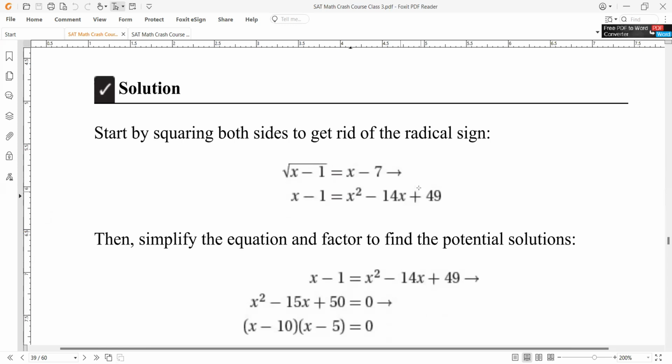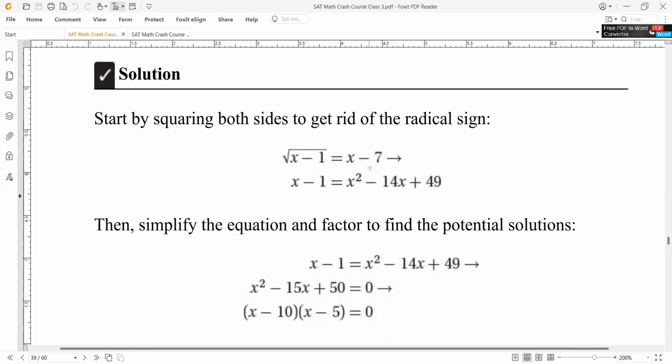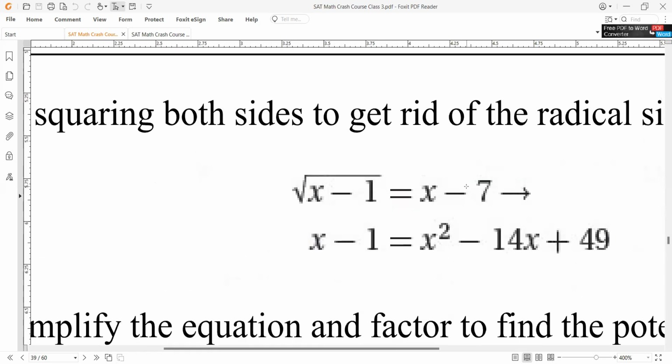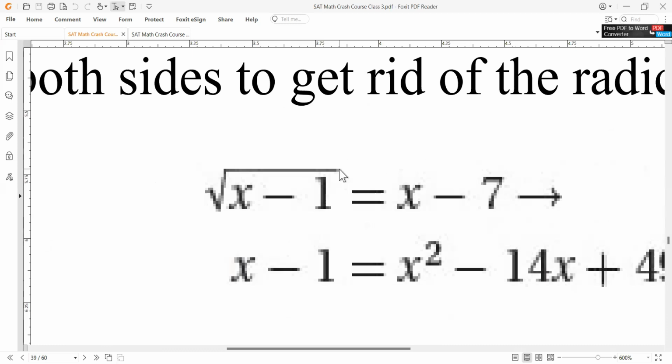This is coming as a byproduct. That is not what we are looking for, but it comes just by doing this squaring on this side and this side.